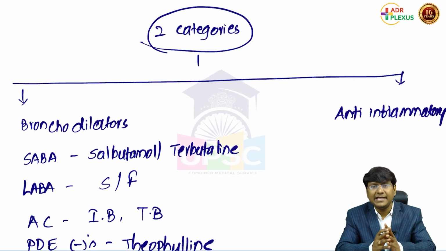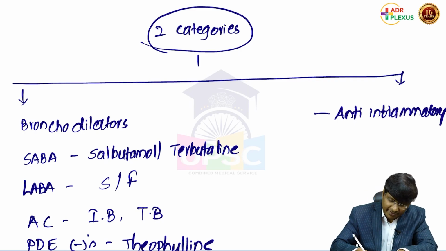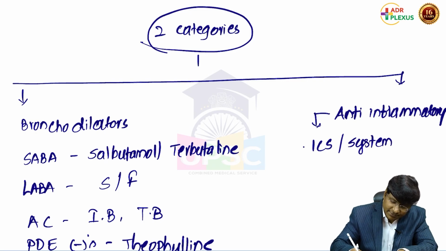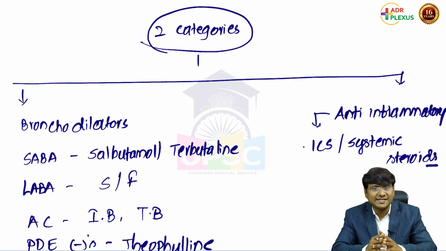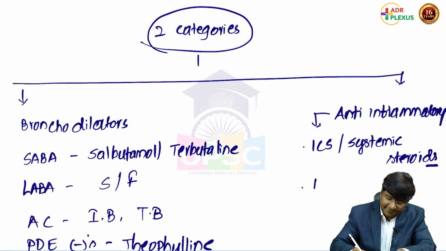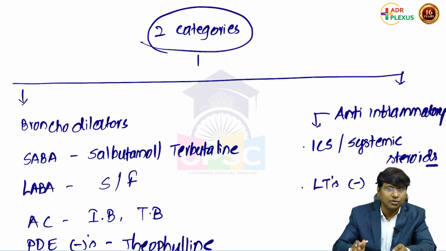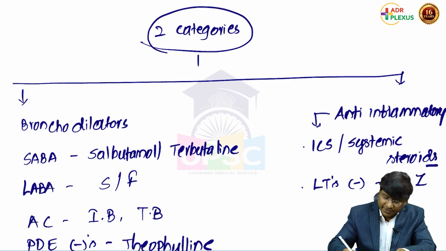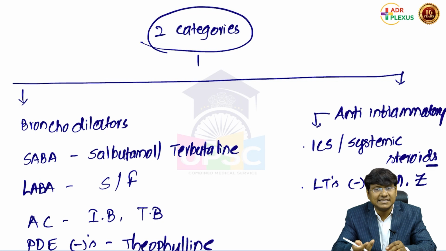Then we have the anti-inflammatory drugs. These include the inhaled corticosteroids as well as the systemic corticosteroids. Then we have the leukotriene inhibitors. Examples include montelukast and the other one is zafirlukast or zileuton.